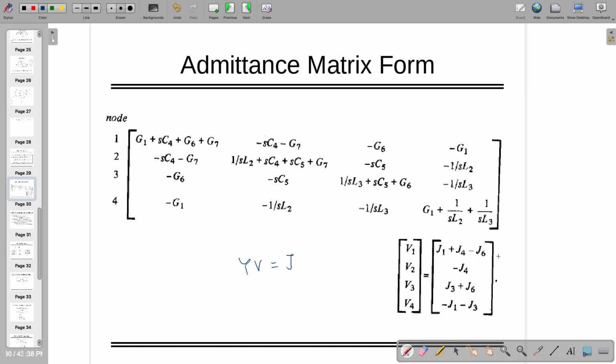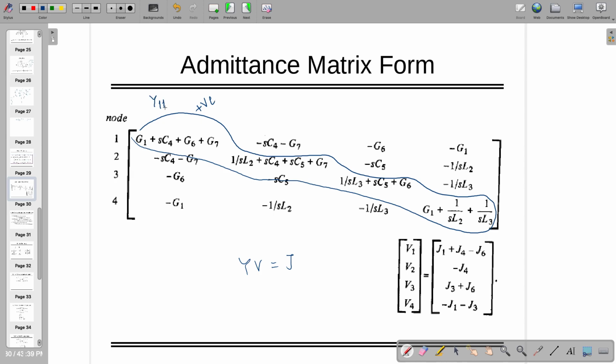If you look at the matrix, all diagonal entries are positive and the rest of all entries are negative. Can you see, right? This is y11, diagonal entries, this is y22, this is y33, and this is y44.